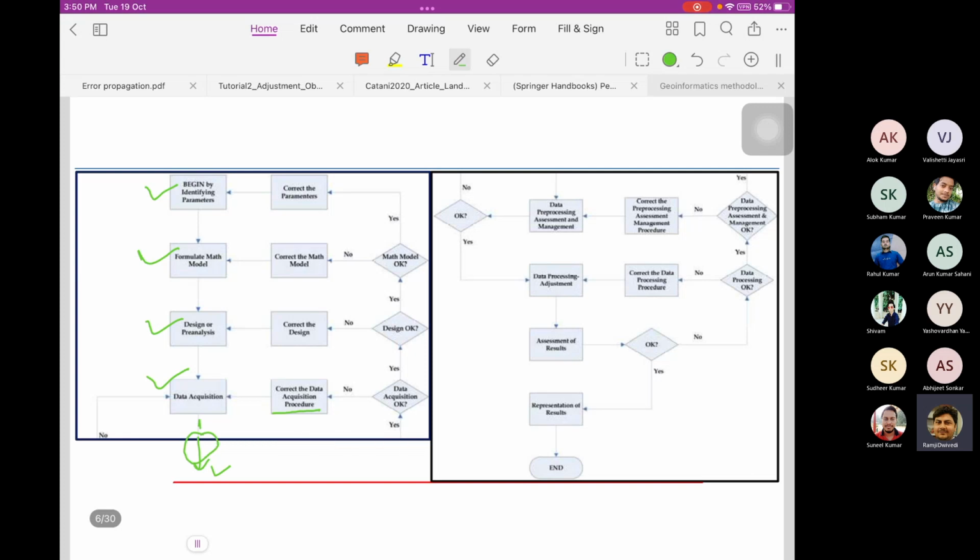So based on that, you ask: data acquisition okay? No, correct the data acquisition. Yes, design okay? No, correct the design. Design is also okay, then mathematical model okay? No, correct the mathematical model. Or yes, then again correct the parameters. That means initially you must have x k plus 1, that means iteratively you will solve x k plus delta x.